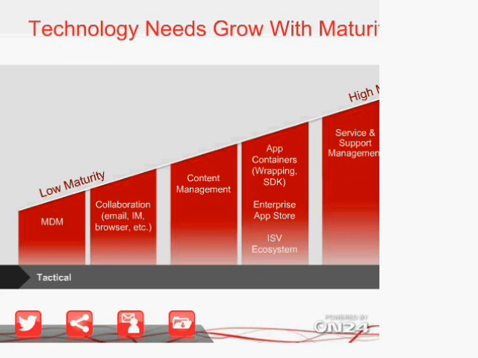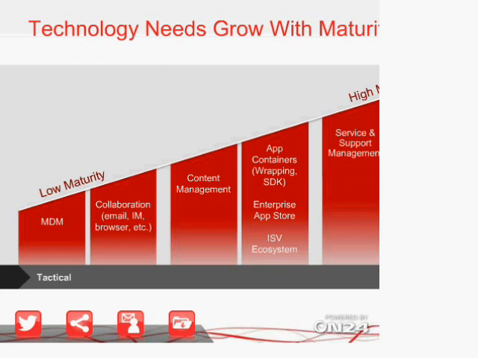Over on the high maturity side, increasingly, service and support management become important. As I mentioned earlier, it's one thing to run a pilot. You can probably get away with a single full-time employee handling a couple thousand people in a pilot deployment. But as you start to think about rolling out mobility to 20,000 or 50,000 users, you start to think about how you're going to staff that engagement from a human capital perspective, as well as the technologies that are needed.